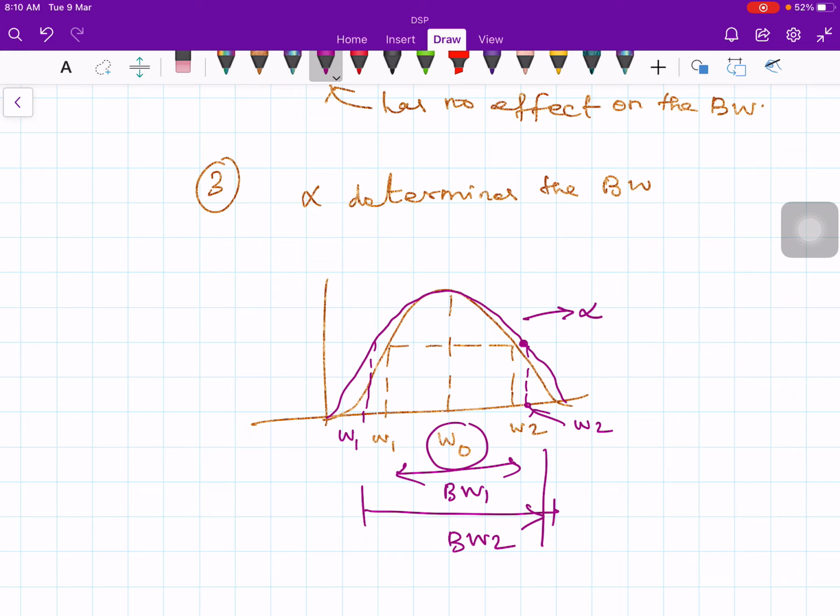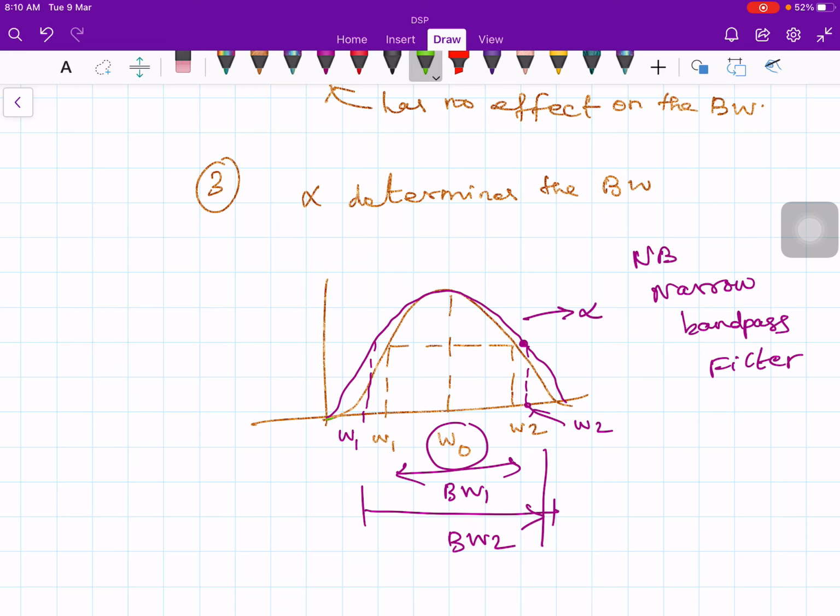So if you don't want to change the center frequency, but you would like to change the bandwidth of the filter, or you want to make a narrow bandwidth filter, sometimes you need a narrow band pass filter. Narrow band pass filters, especially in communication, we need. So in that case, one can make very narrow bandwidth. How will you do it? Let me draw it here.